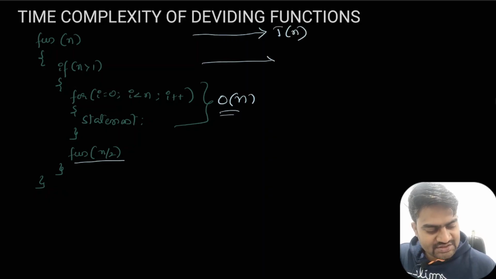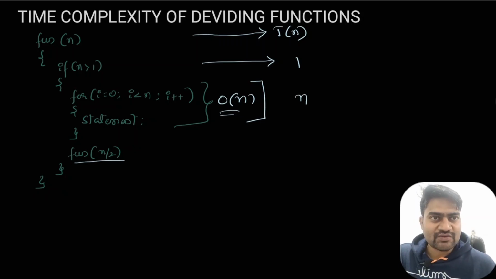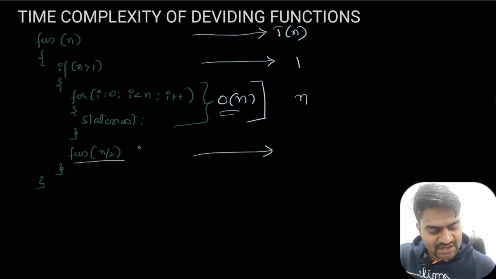Assume for this f of n, the time function is T of n. Then there is a condition check, which is 1 unit of work. Then this entire for loop runs n number of times. Then it calls f of n by 2. If T of n is the time function for f of n, then for n by 2 let's call it T of n by 2.